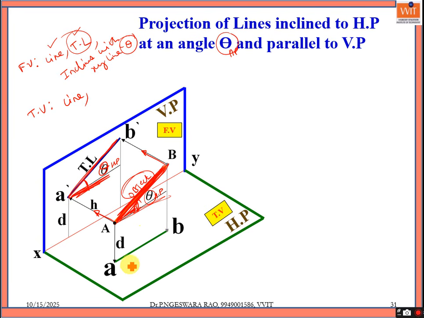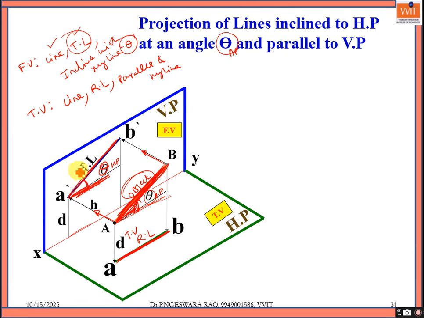That means the object length in the top view is a reduced length. The image in the top view is a line with reduced length, but parallel to the XY line.